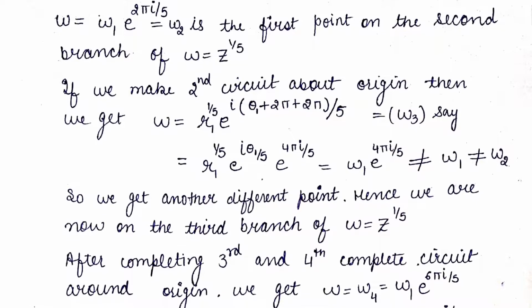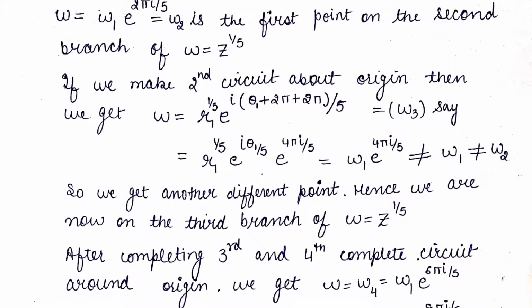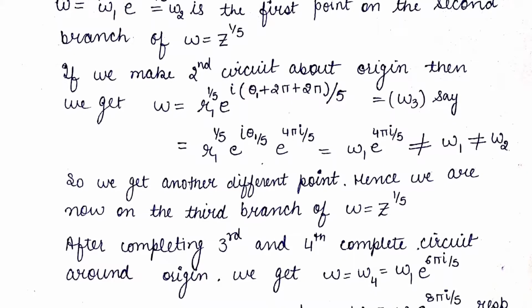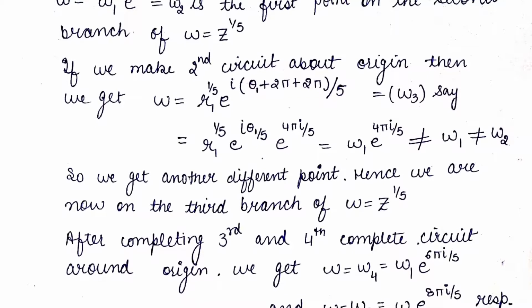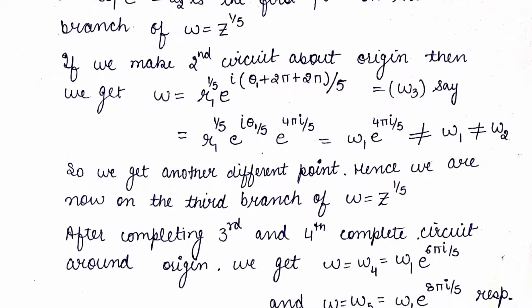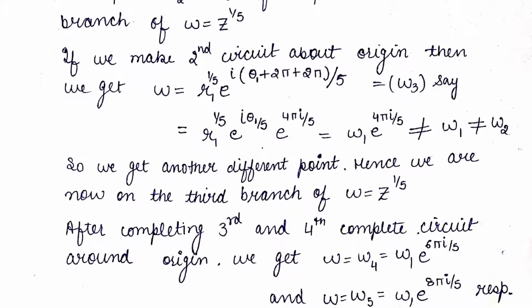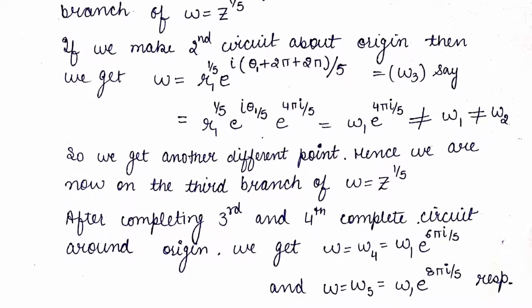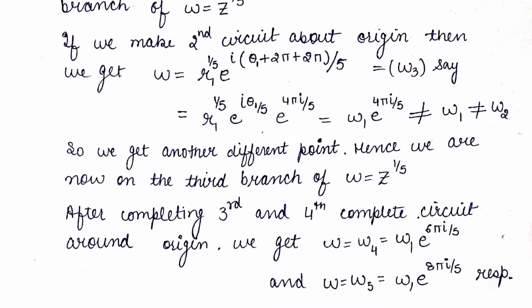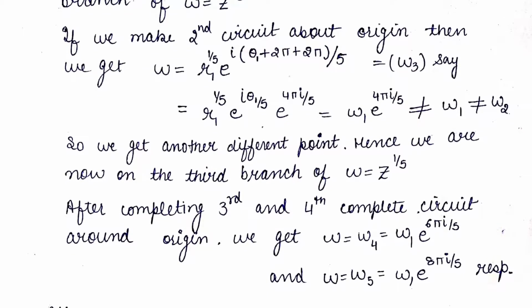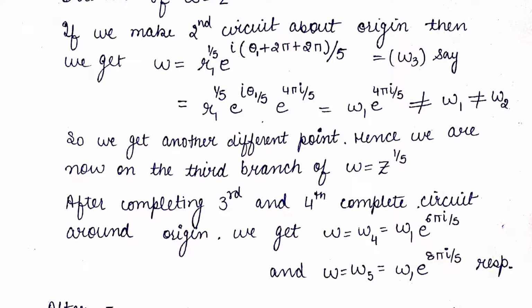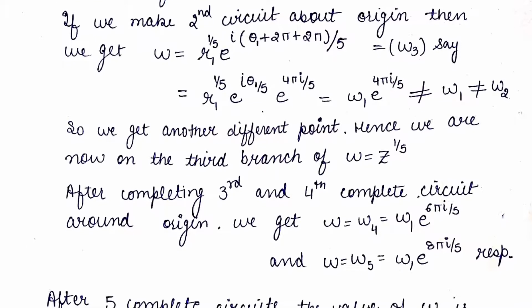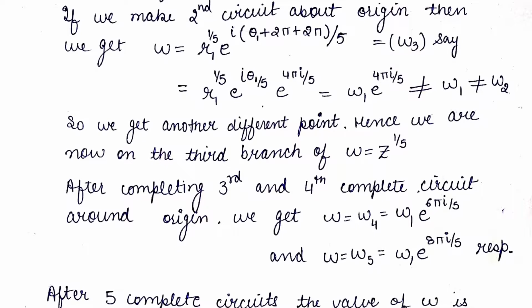So when we again make a second circuit about the origin, that is, θ1 changes to θ1 plus 4π, then w will take the value r1 raised to power 1/5 into e^(iθ1/5) into e^(i4π/5), and which is again different from the previous point w2.